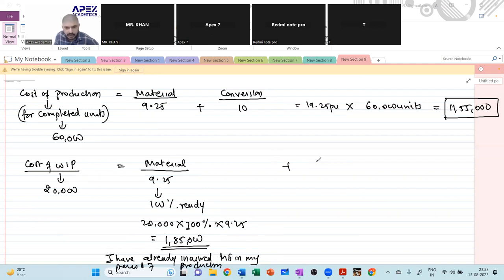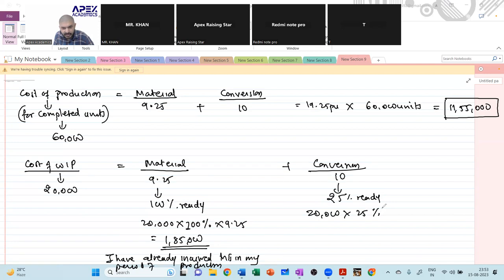Now let's talk about conversion. Conversion cost is 10 per unit, and these units are 25% ready. Out of these 20,000 units, which are 25% ready, I have incurred 10 per unit. So 20,000 into 25% into 10. How much have I incurred? 50,000.